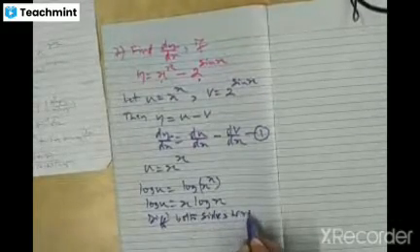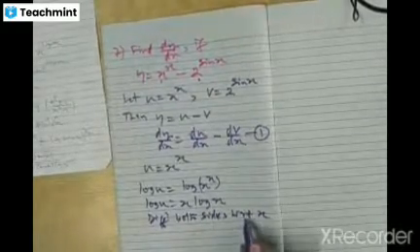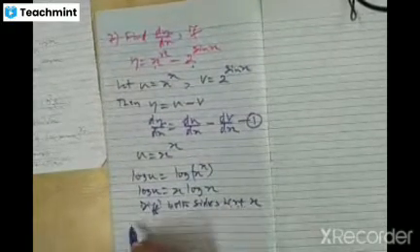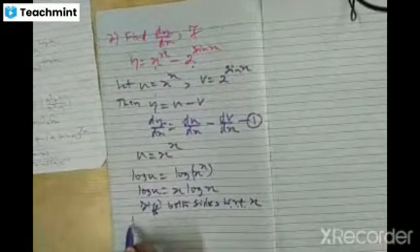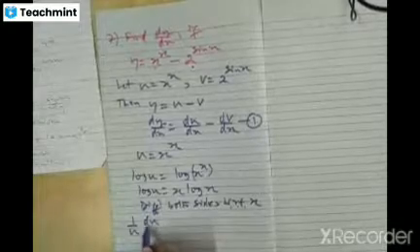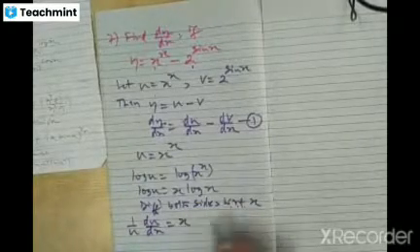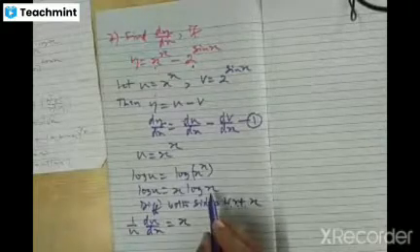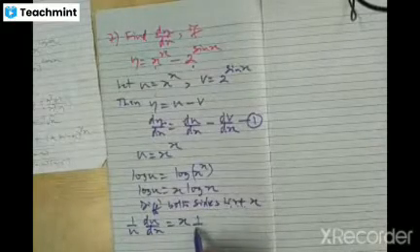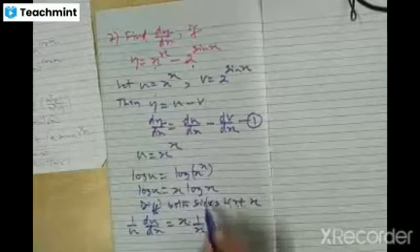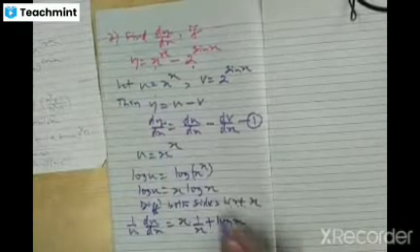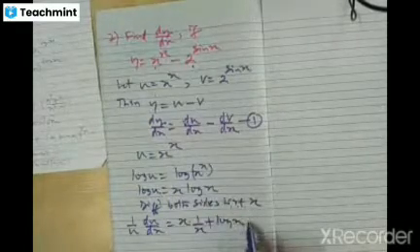with respect to x, we get on the left hand side 1 by u into du by dx. On the right hand side, use the product rule. First function x into derivative of log x, that is 1 by x, plus second function log x into derivative of first, d by dx of x, which is 1.